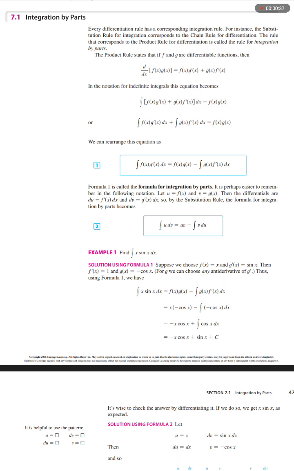The product rule states that if f and g are differentiable functions, then d/dx [f(x)g(x)] = f(x)g'(x) + g(x)f'(x).